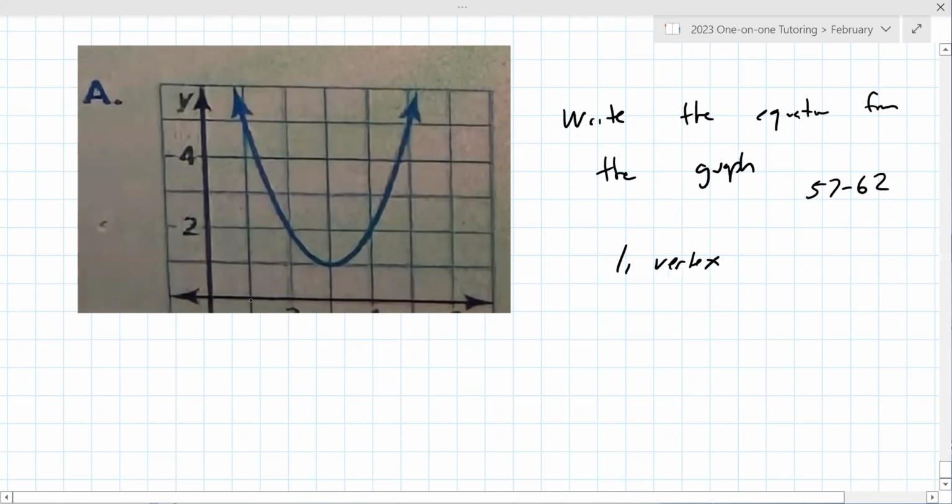What's the vertex? These go by 1 down here. So then it would be 3, 1. Good.